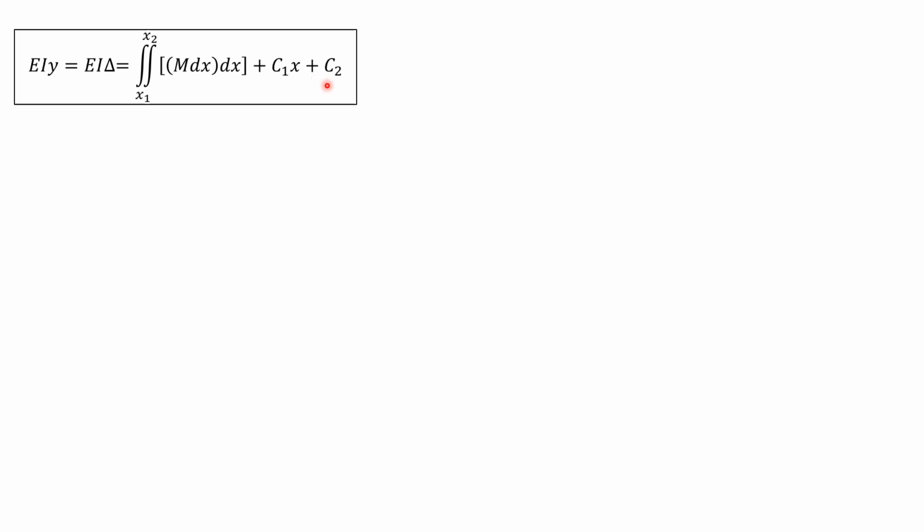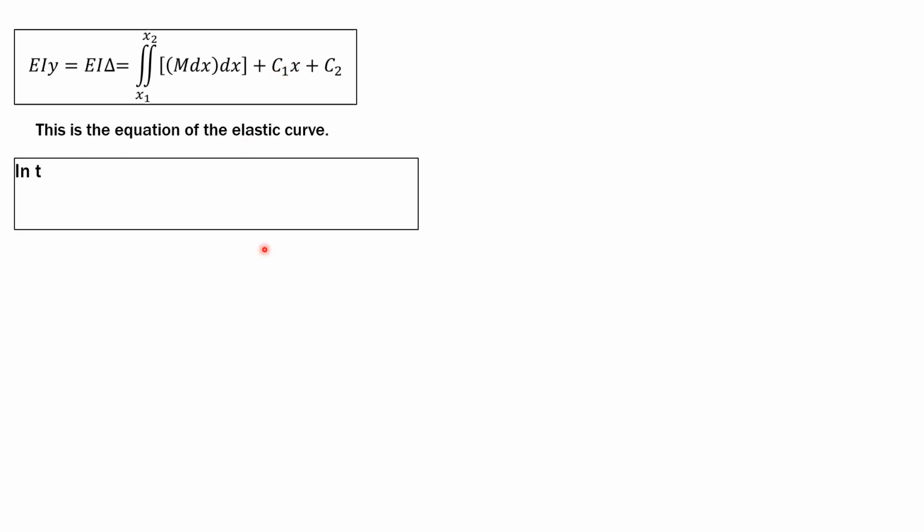So if the origin is a support, then c sub 2 will be 0, but there is value of c sub 1. When the support is fixed, then there will be no c sub 2 because there is no deflection at the fixed support, and there is also no initial slope at the fixed support. So this is the equation of the elastic curve.